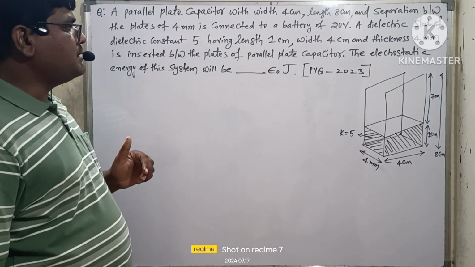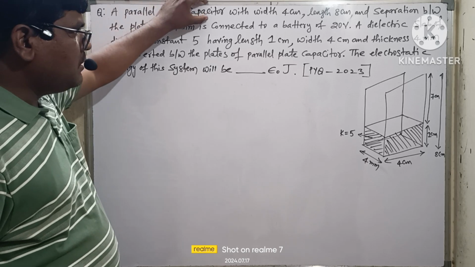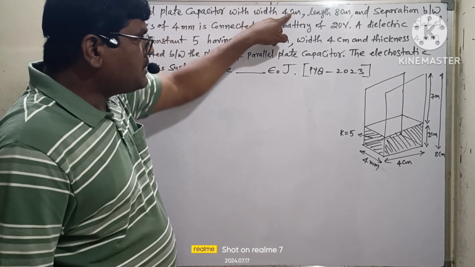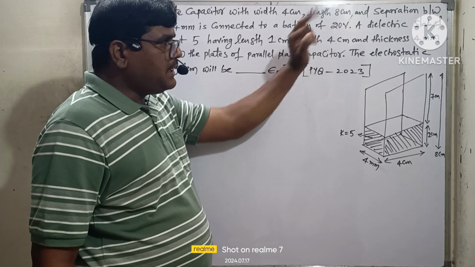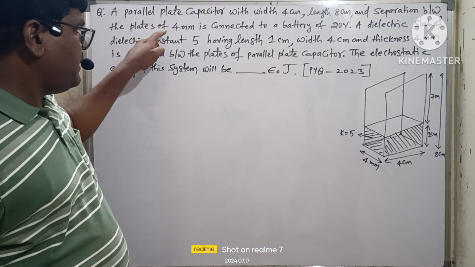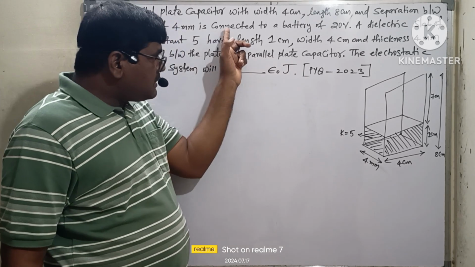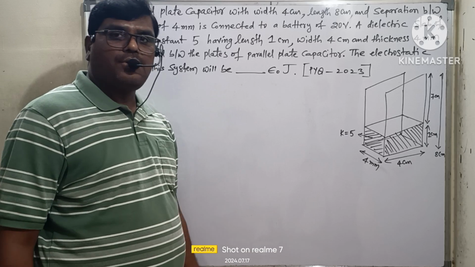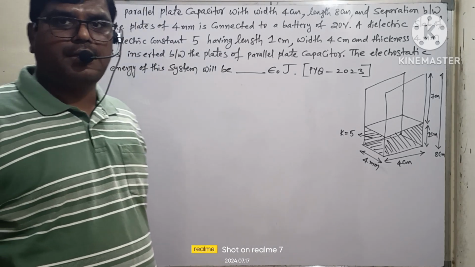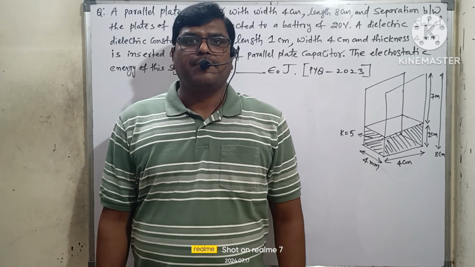First, what is the question given here? A parallel plate capacitor with width 4 centimeter, length 8 centimeter and separation between the plates of 4 millimeter is connected to a battery of 20 volts. Nothing but one parallel plate capacitor is here.